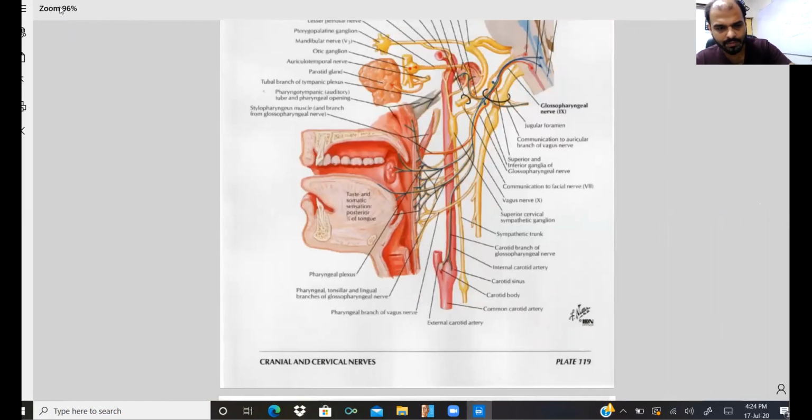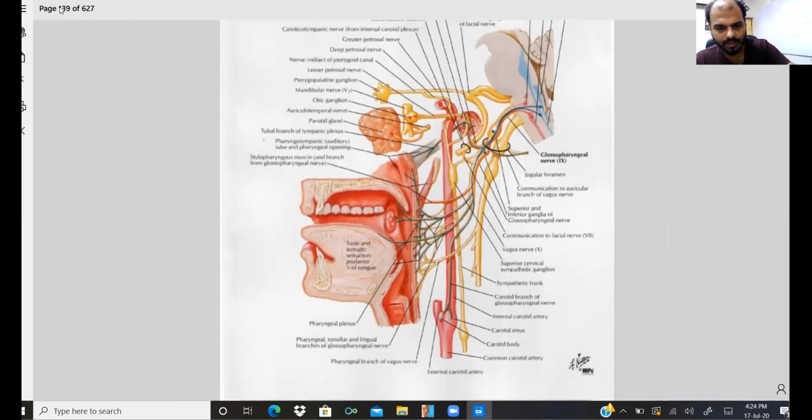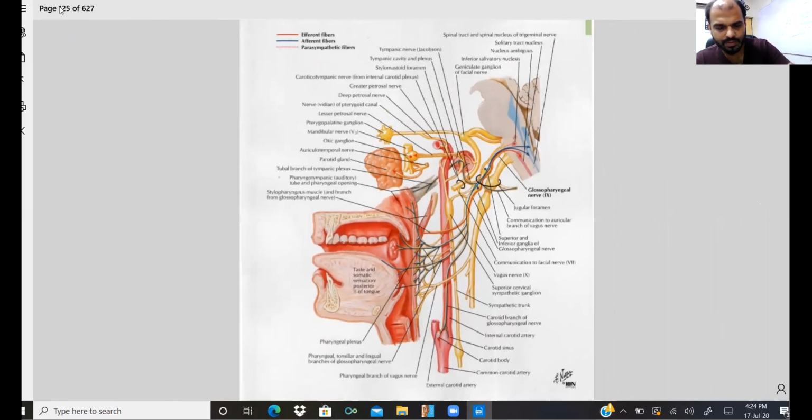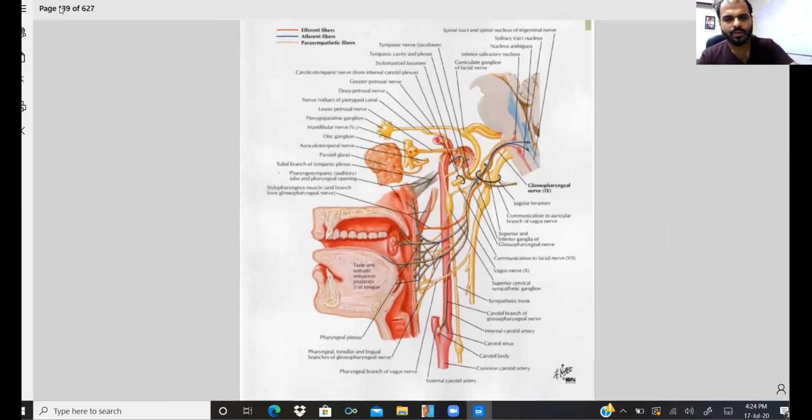Now look. If you see here, can you see the structures? What was the color of the general sensory nucleus which we made? It was blue. Am I right? So look, spinal tract and spinal tract nucleus of trigeminal nerve.